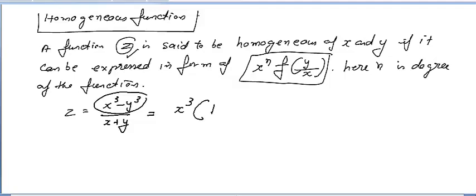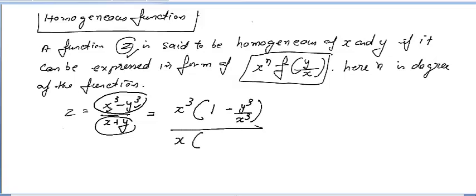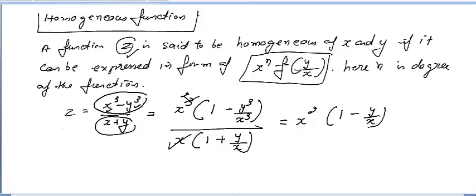So you will get 1 here and then 1 minus y over x whole cube. Now from the denominator I am going to take x common. You will get 1 plus y over x. Now this 1 x is cancelled. You have x square, and what you are getting here is 1 minus y over x whole cube upon 1 plus y over x.